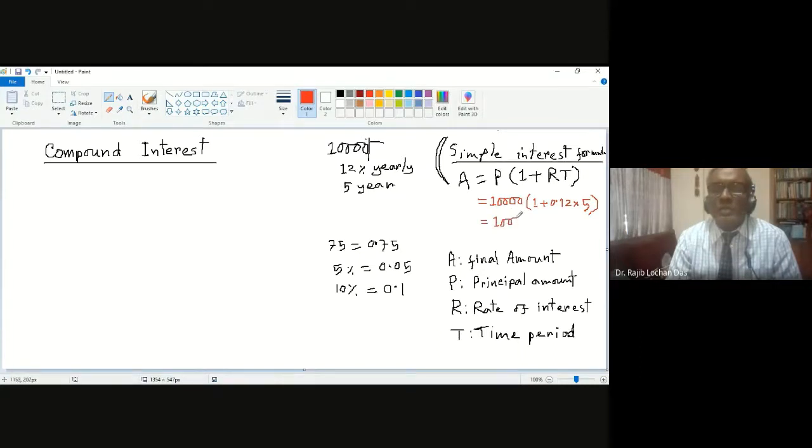So you can now find the value: 10,000, and within the bracket you have 1 plus 0.6, which is 1.6. So this is 16,000. Is the calculation okay?